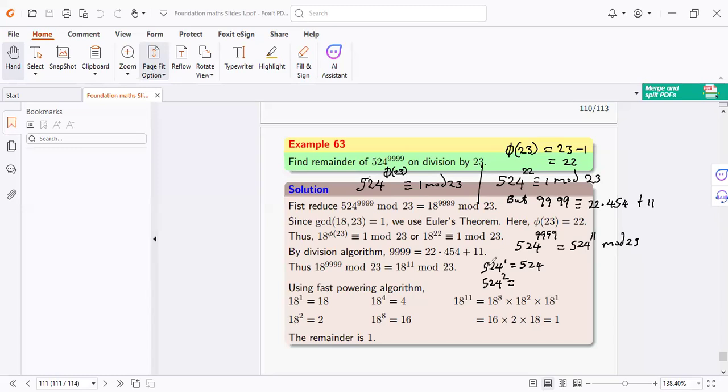Okay, so let me again do it. 524 times 524, then divide by 23. No, this calculator is not working. 524 times 524.